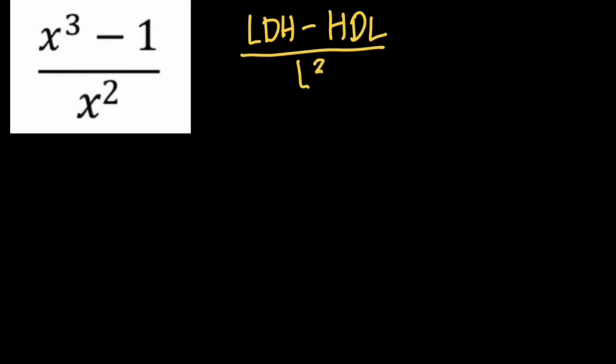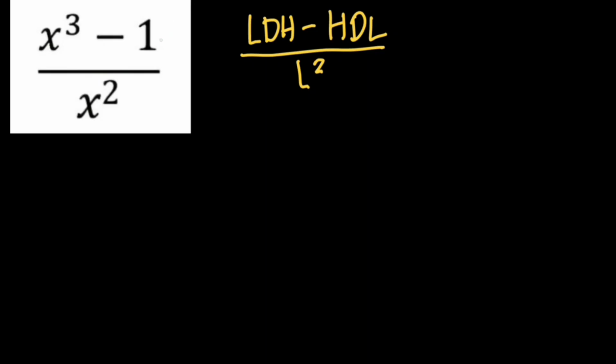The mnemonic: low d high minus high d low over low squared. This means that we multiply the denominator, the low, times the derivative of the numerator, minus the numerator times the derivative of the denominator, divided by the square of the denominator.